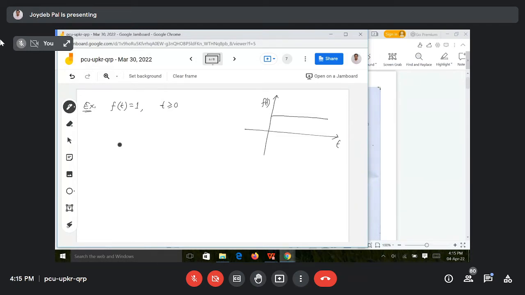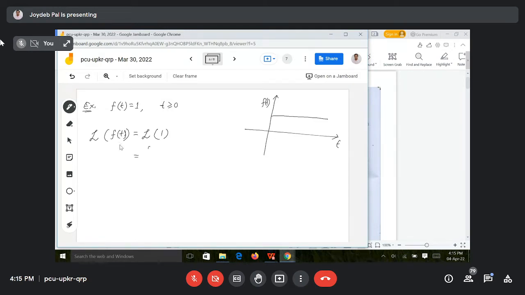Now only for that portion, whenever t is greater than or equal to 0, if it is asked what is the Laplace transform of that function, how to find it? You apply the definition. That is Laplace transform of 1.